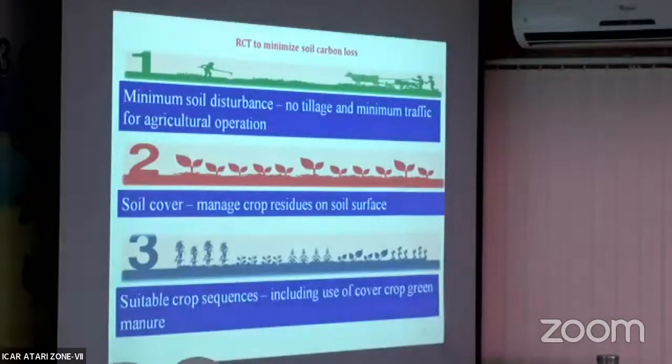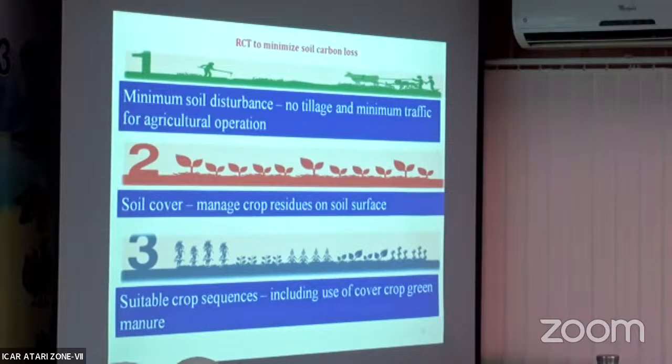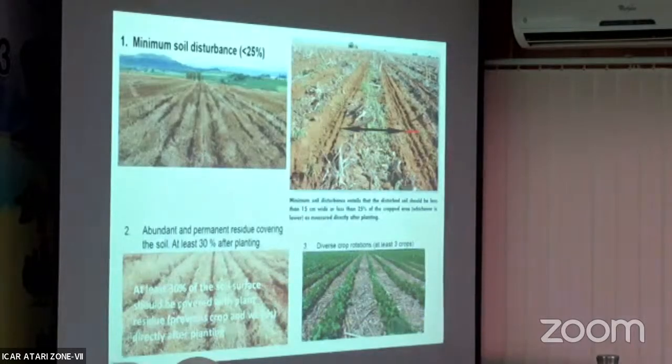So what resource conservation technology should be adopted to minimize the loss of carbon? You have already done a lot of experiments and demonstrations on these technologies: minimum soil disturbance, soil cover, managed crop residues, and suitable crop sequence including cover crops. These are all known facts, so I don't want to elaborate. How much should the minimum soil disturbance be? Less than 25%.